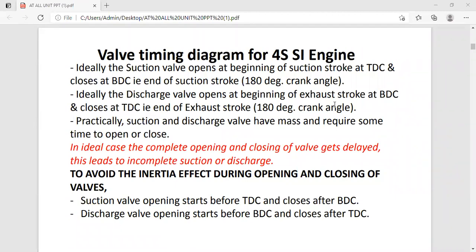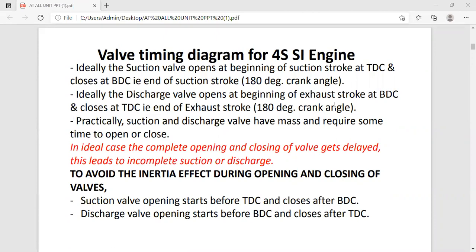At that time, the suction valve must be open at the correct position, and the discharge valve also opens and closes at a definite time.